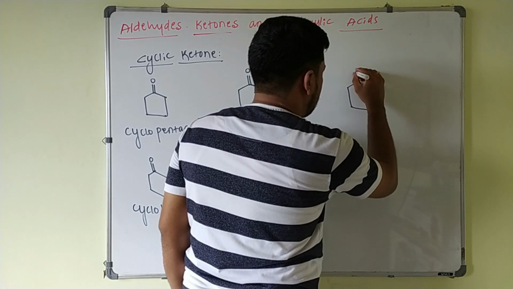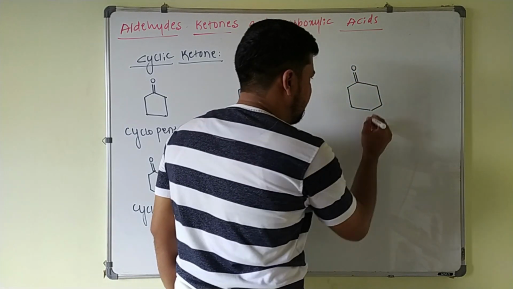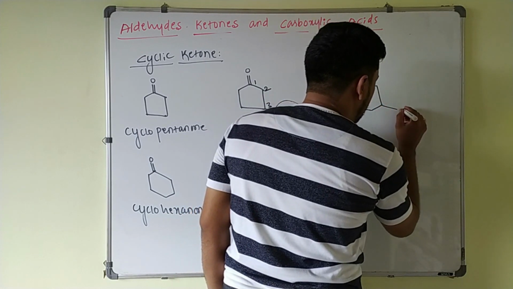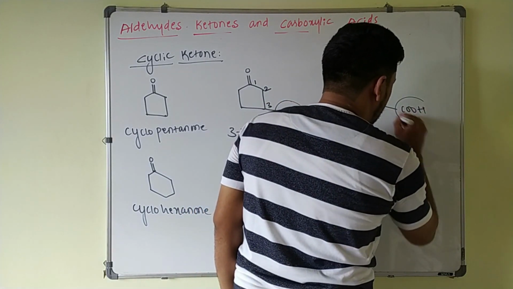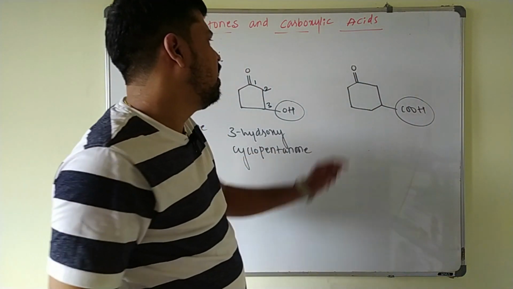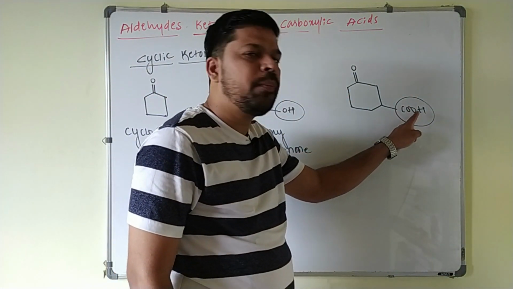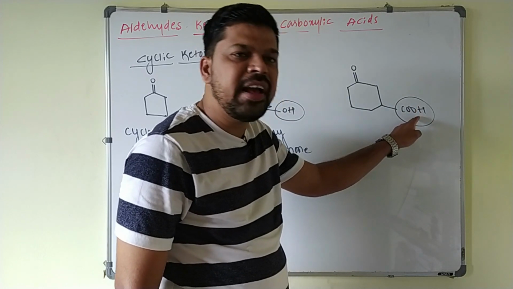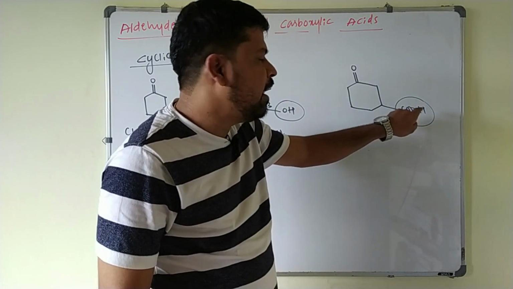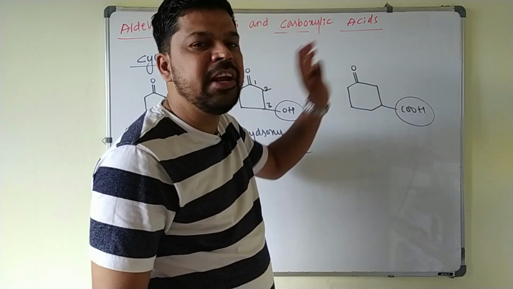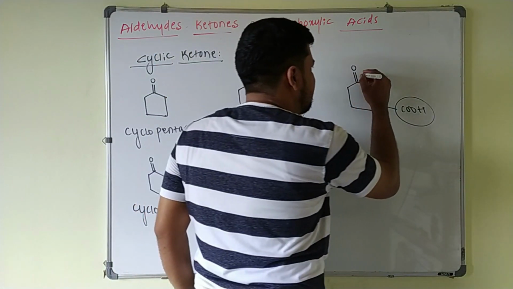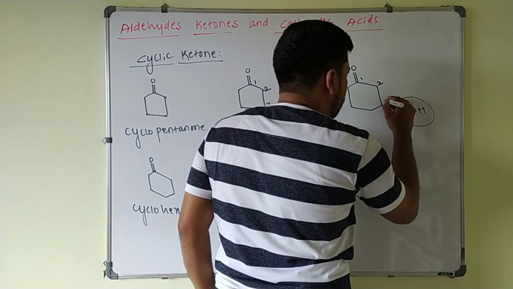Next, another special case. For example, this is a cyclohexanone. Even if I attach one COOH group, priority is always given to the ketonic group. So even though an acidic group is present, it is treated as a substituent, and this is named as a derivative of the cyclic ketone. Numbering is done 1, 2, 3.